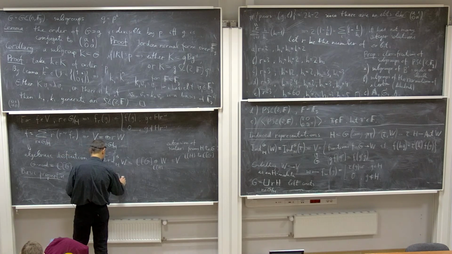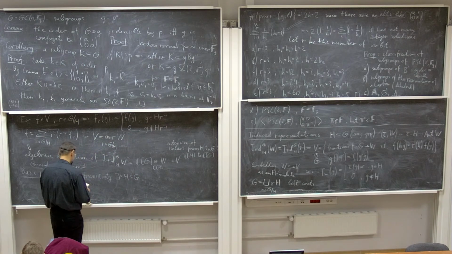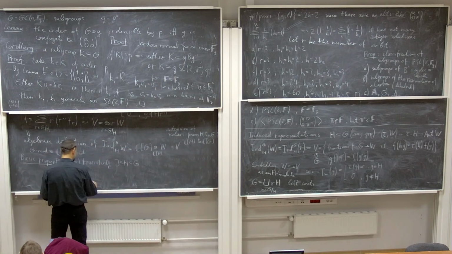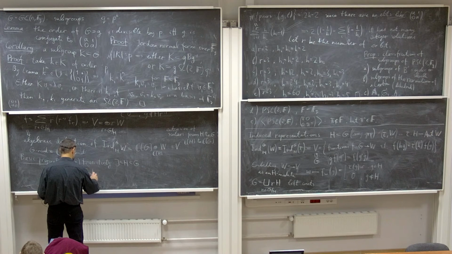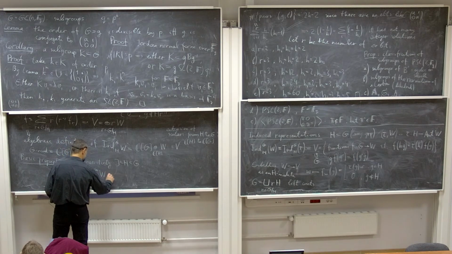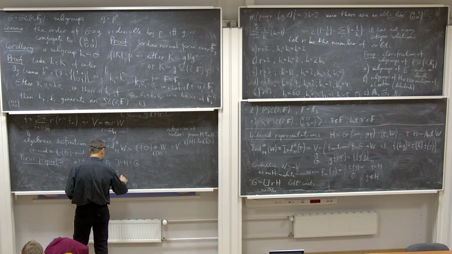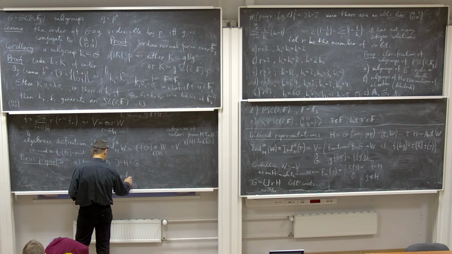That if you have a flag of subgroups like this, then the induction from the smallest to the biggest is the recursive induction. So if you first induce from the smallest to the intermediate one, and then induce from the intermediate one to G.